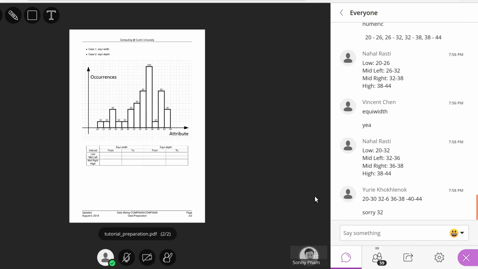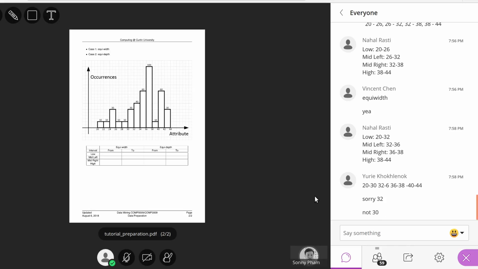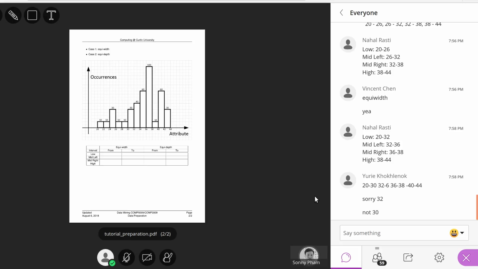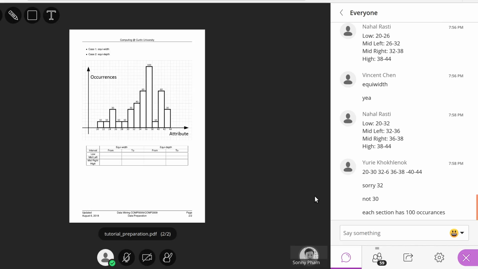Okay, so 30, 32. Okay, yep. Okay, I can't really tell. Yeah, but can you explain how did you arrive at that answer? That's more important than the actual values.